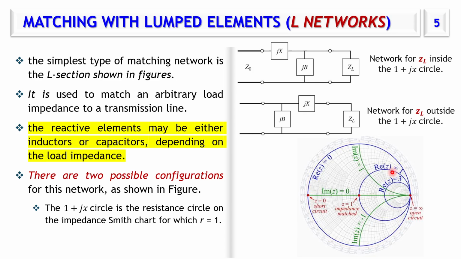For each point you want to flip from z to y, you go 180 degrees. You will find that the map of z equal 1 plus jx on the z Smith chart would be mirrored to a circle here on the y Smith chart.